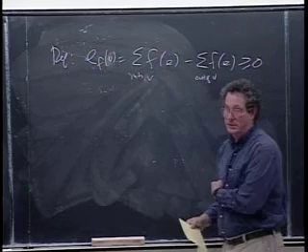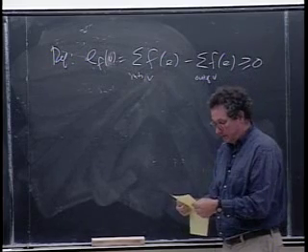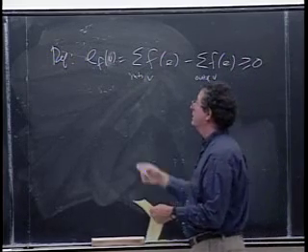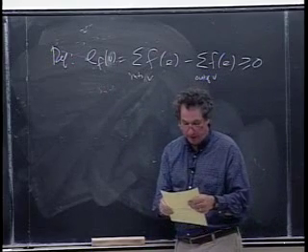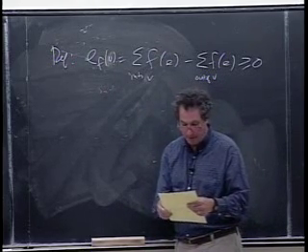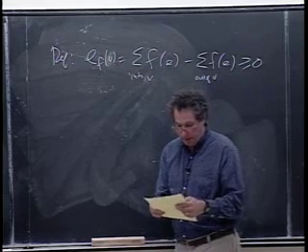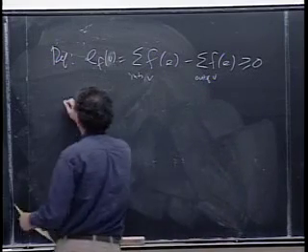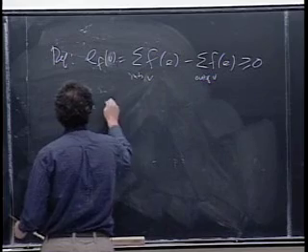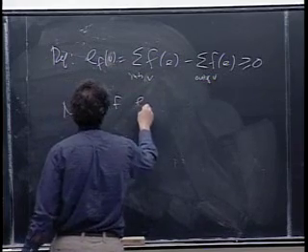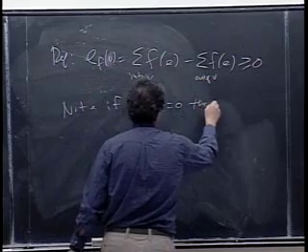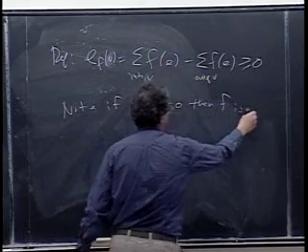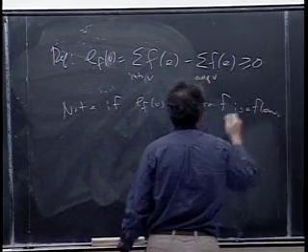It really would be better to call it the leakage or something, because that's the amount that disappears. But anyway, it's called the excess at V. As we noted a minute ago, if E_F(V) equals 0, then F is a flow.